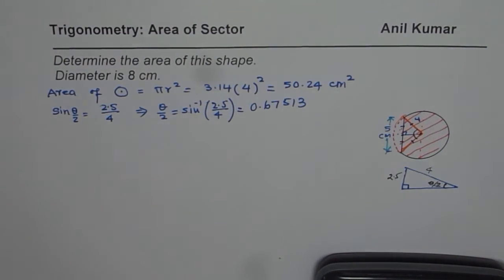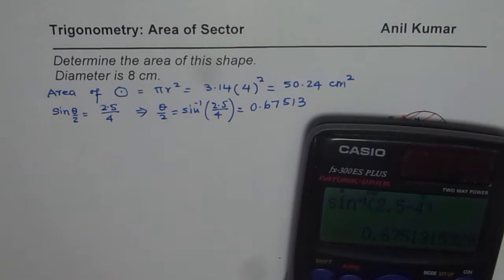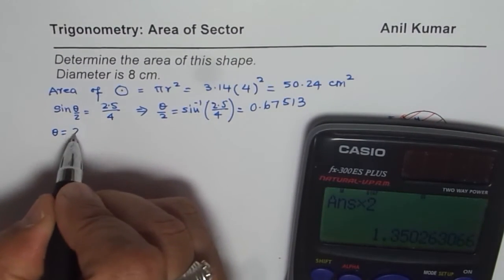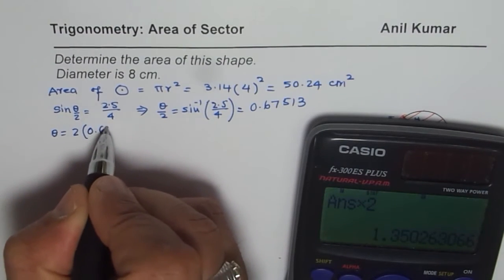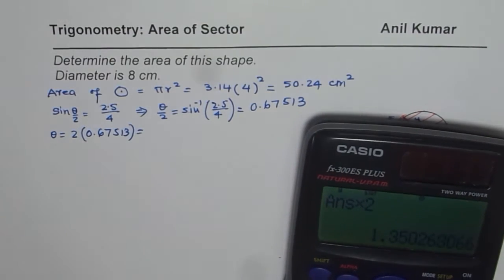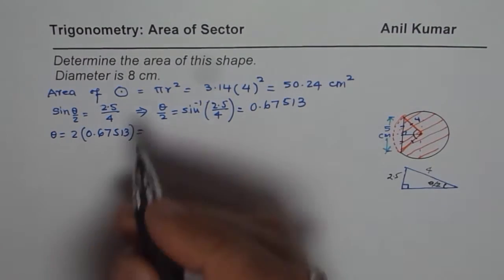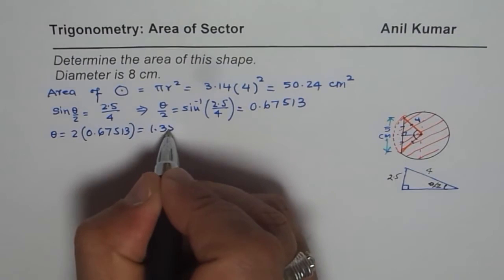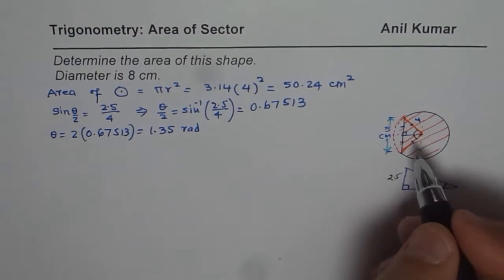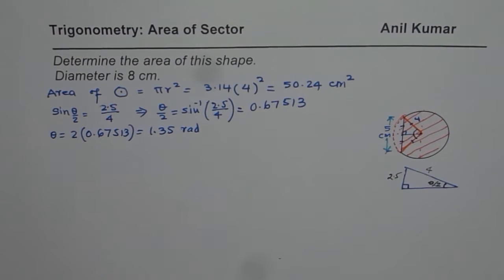So we get theta by 2 as 0.67513, and times 2 will give us the angle. So theta for us is 2 times 0.67513, which is 1.35 radians. That is the angle at the center of this particular segment.